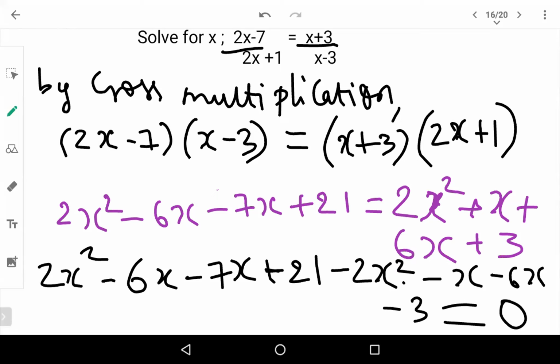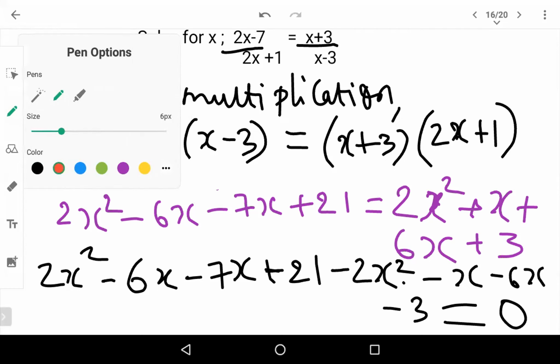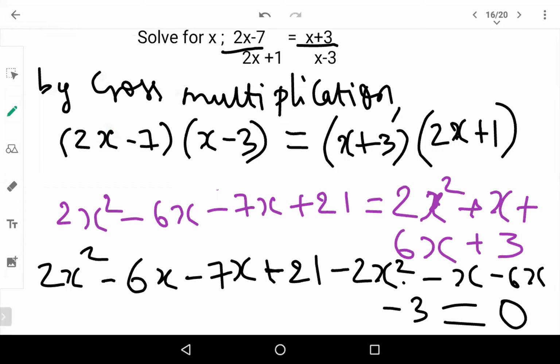Understood? I'm just getting the complete RHS expression to the LHS, but when I get the expressions to the other side, I am going to change the sign of every variable and the constant. Okay, now it is easy for us. The next step is, let us see what all we can cancel in this equation.